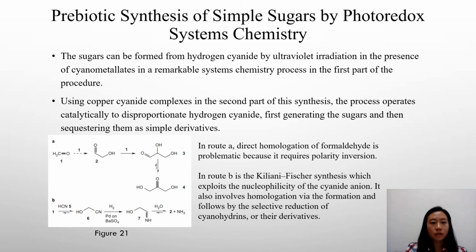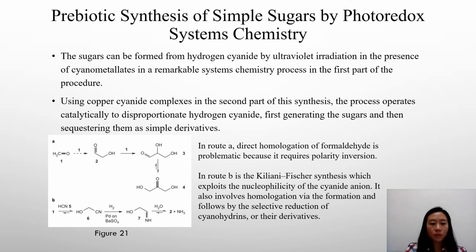Industry application: prebiotic synthesis of simple sugars by photoredox systems chemistry. Sugars can be formed from hydrogen cyanide by ultraviolet irradiation in the presence of cyanometalates in a remarkable systems chemistry process in the first part of the procedure. By using copper cyanide complexes in the second part of this synthesis, the procedure operates catalytically to disproportionate hydrogen cyanide, first generating the sugars and then sequestering them as simple derivatives.